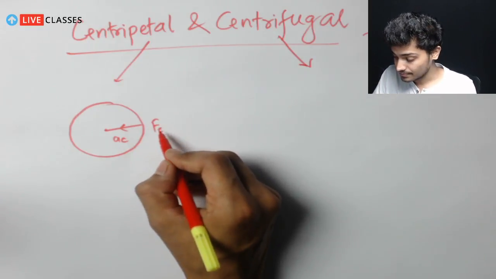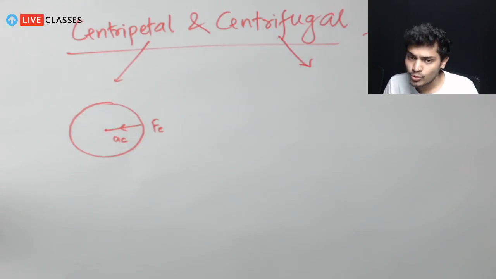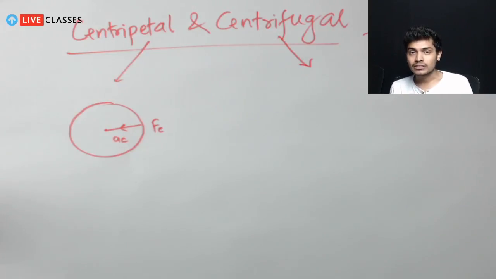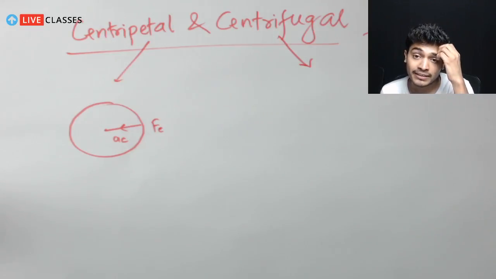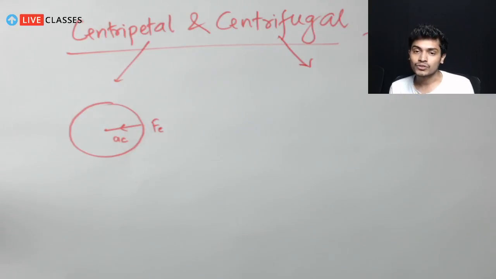Otherwise we would not be able to do a circular motion in the absence of centripetal force, right? Centripetal force is not a specific kind of force, like the electrostatic force, gravitational force, or magnetic force that we have studied. Any kind of force, whether electrostatic, magnetic or gravitational, can also act as a centripetal force, right?